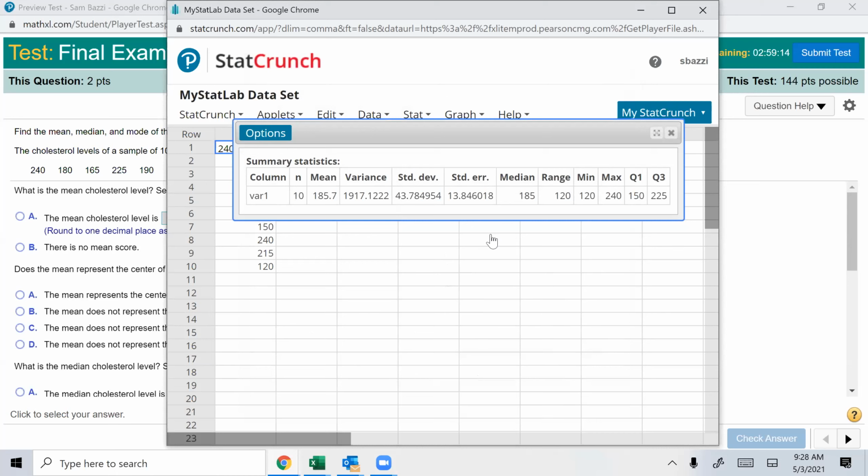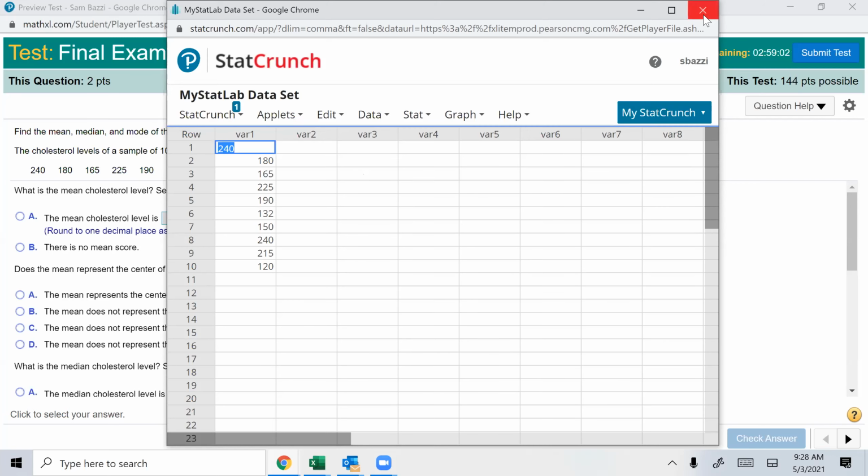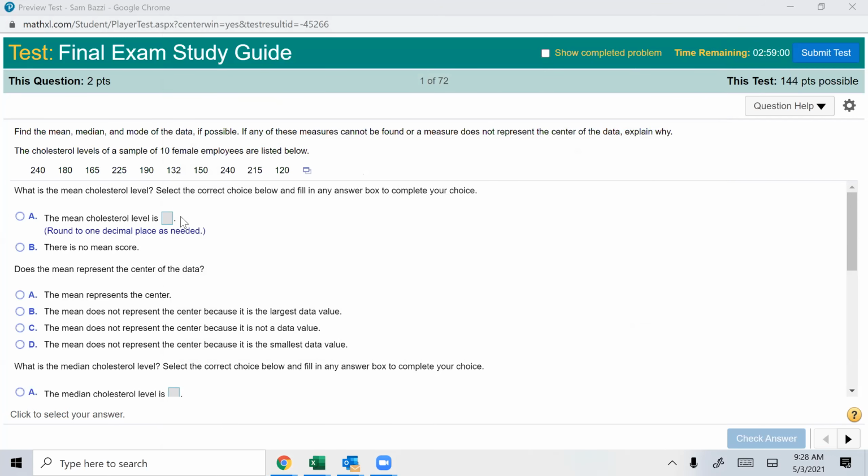And here you go. That's the mean, 185.7, and the median is 185 because it's asking for both of them. Okay, any questions here? Okay, so you just enter the mean.